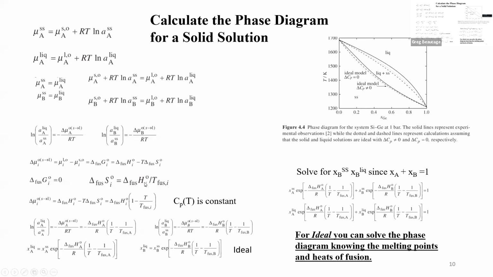You can include the heat capacity to make it slightly more complicated if you want more accuracy, but then you can get this delta U and you can get the A's. The A's are basically gamma X, and gamma we can get from the Hildebrand parameter, like gamma A12 times X2 squared is ln of gamma 1, right?